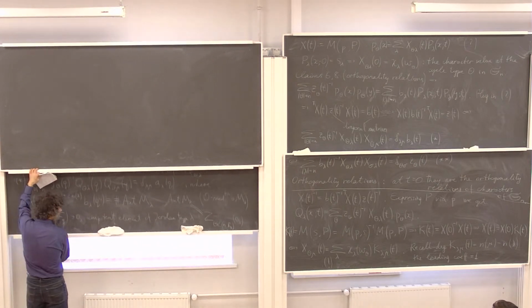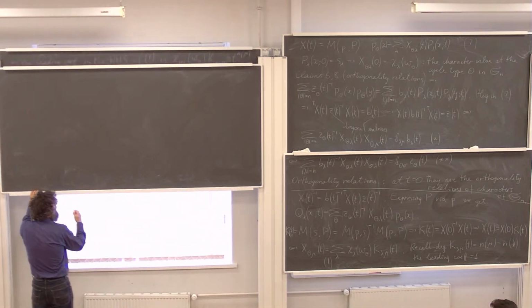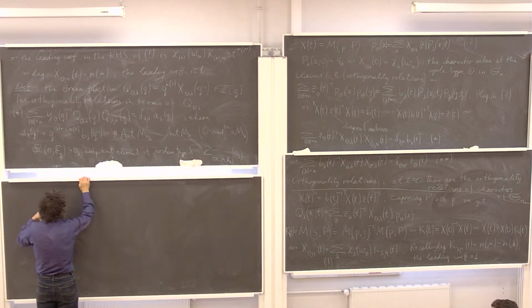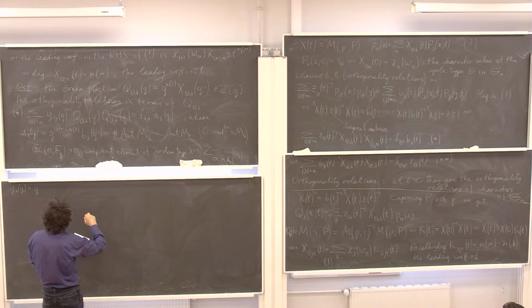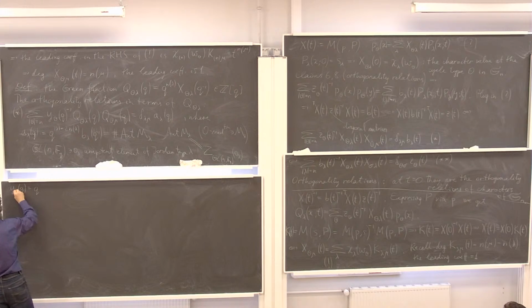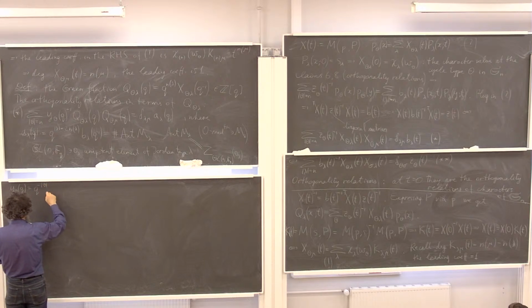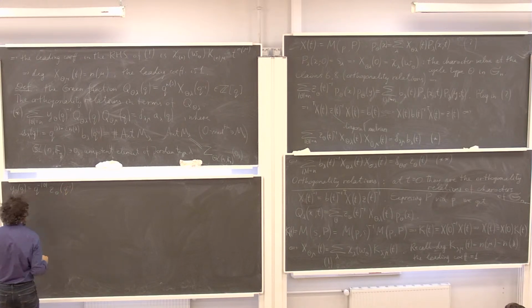So I also have to say what is Y. Y theta of Q is Q to the power negative size of theta, so that is N, Z theta of Q inverse.